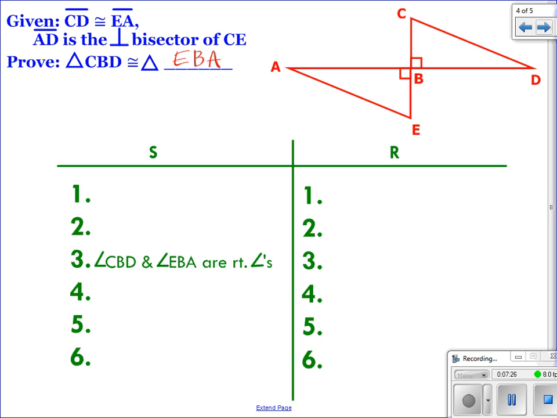Sometimes on quizzes and tests, I'm going to tell you the total number of steps on the proof, and other times I'm going to leave it completely blank. What do you think we should say for 1 and 2? The givens, okay? After we write them down, we'll put them on the picture.